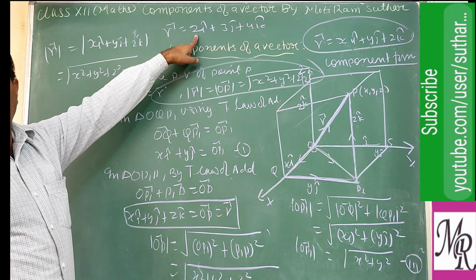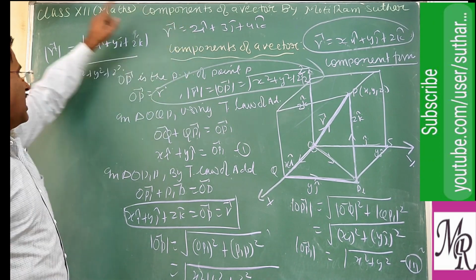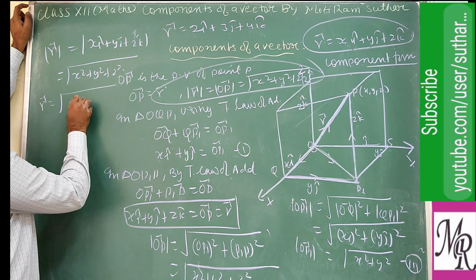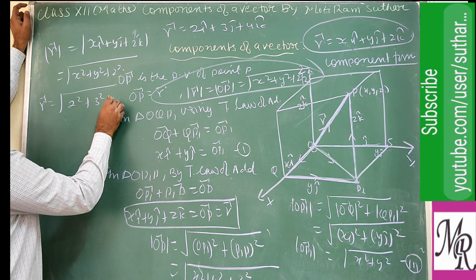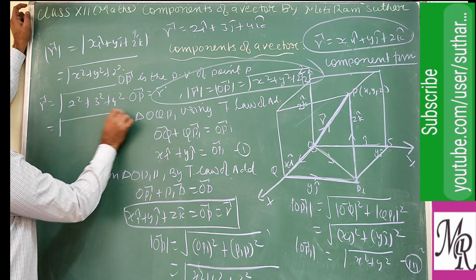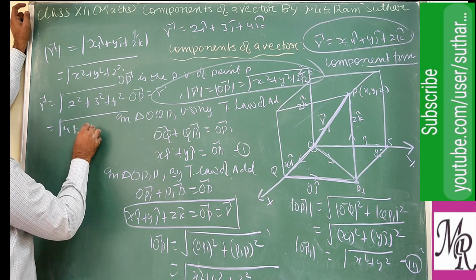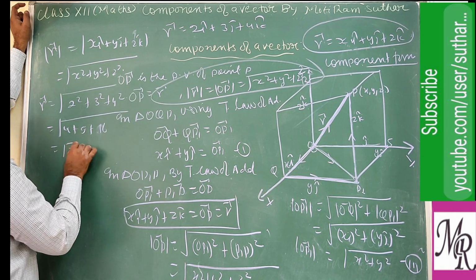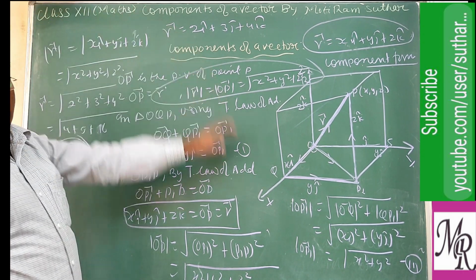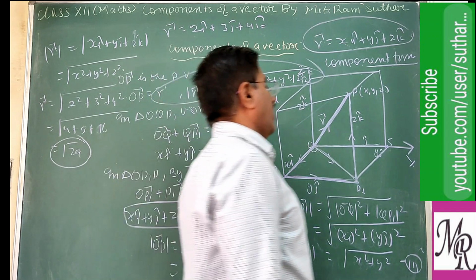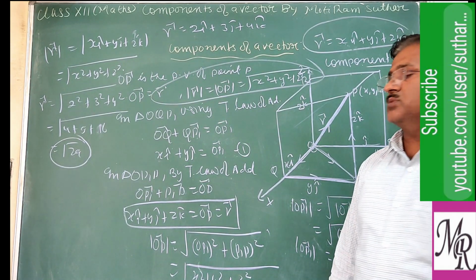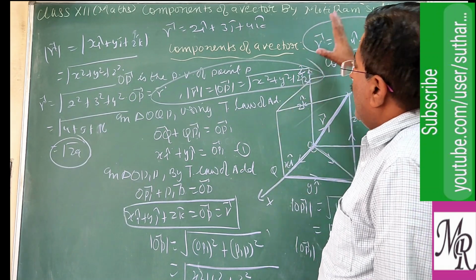For example, for this vector R, root of 2 square plus 3 square plus 4 square, and simplifying, you get the answer root 29.